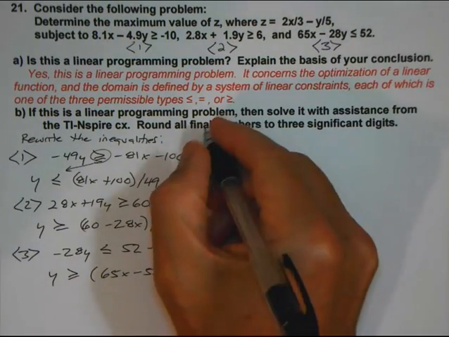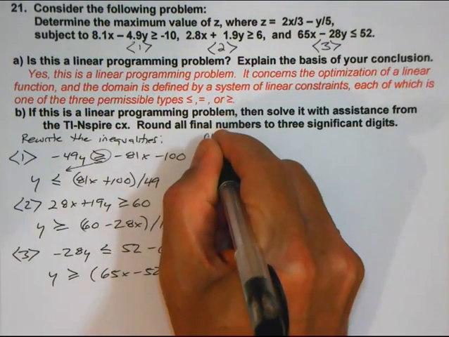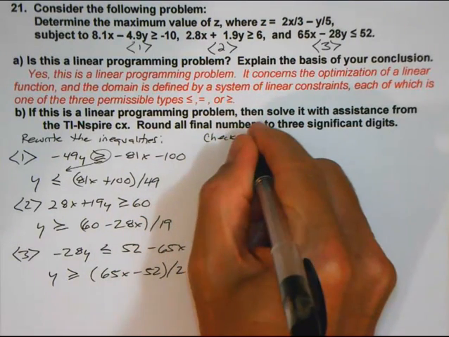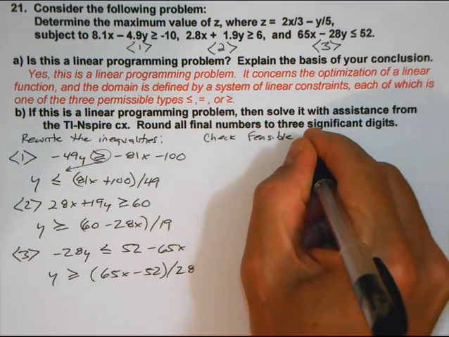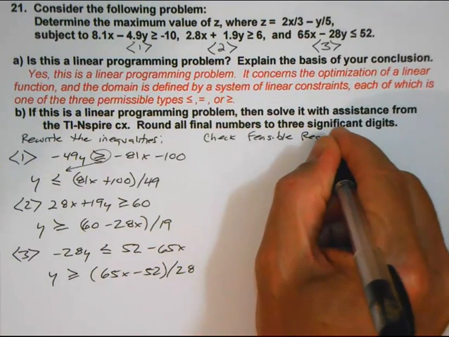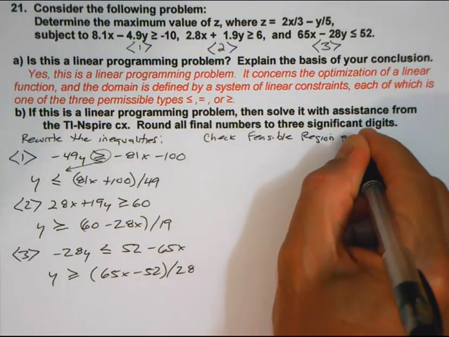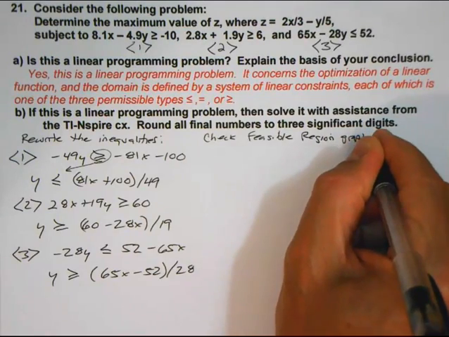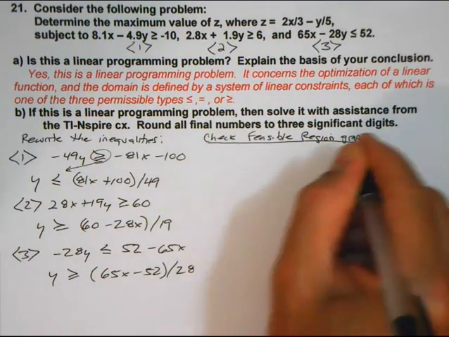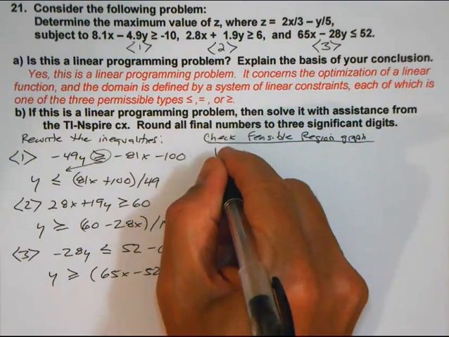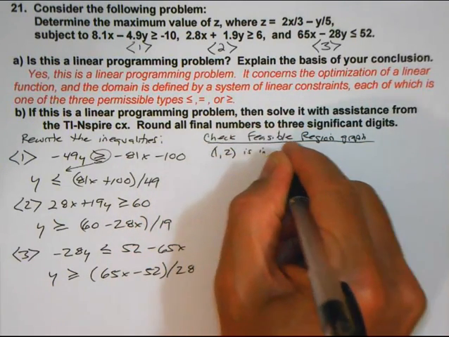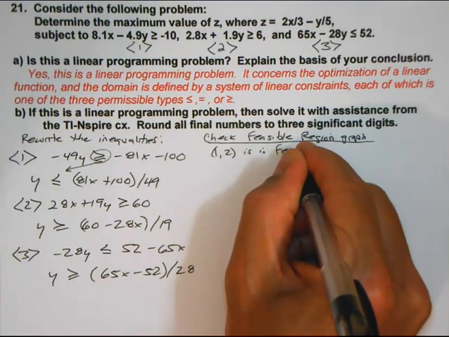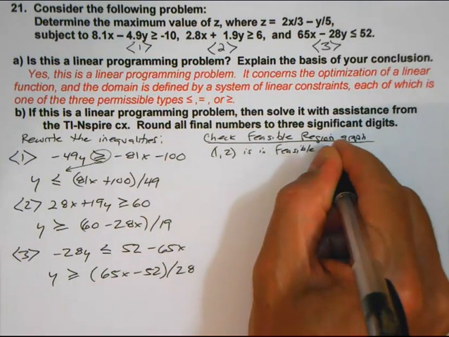Okay, so we're here. Check the feasible region graph. What we've done is we've said the point 1, 2 is in the feasible region.